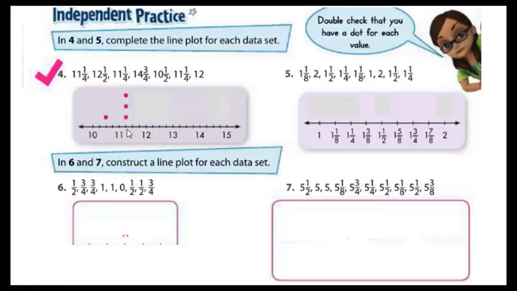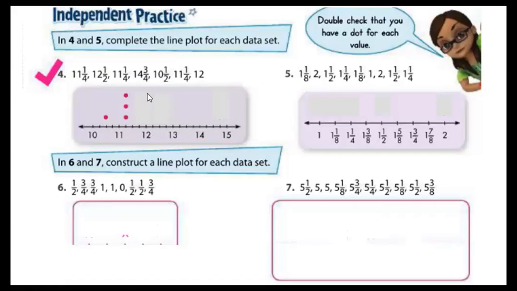So I'm going to represent 11 and a quarter by 3 bolded dots. Why didn't we draw these 3 bolded dots over 11? Because we represent 11 and 1/4, so I have to move between 11 and 12, just 1 part over 11, and draw 3 bolded dots over it.